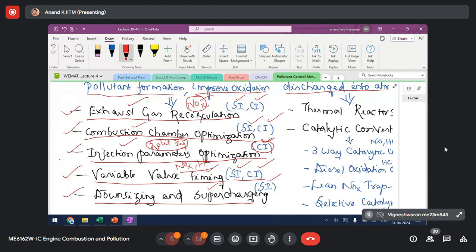Then we also discussed the variable valve timing system, wherein we can vary the timing of intake and exhaust valve opening and closing. With that, you can vary two things. One, the residual, or the products of combustion that remain in the cylinder, can be varied. Suppose you want to control NOx, you can increase the residual gas concentration.